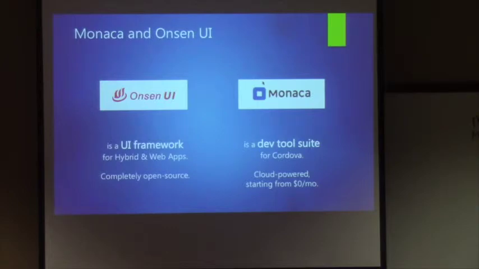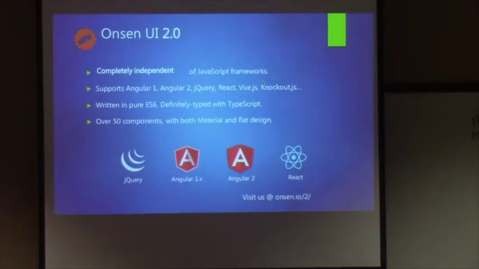That's why we keep investing in the UI framework, and now Onsen UI is turning 2.0. It is important to mention that there are so many UI libraries, but no major UI libraries are completely independent of JavaScript frameworks. Some are dependent on Angular, some on jQuery, or some are React frameworks.